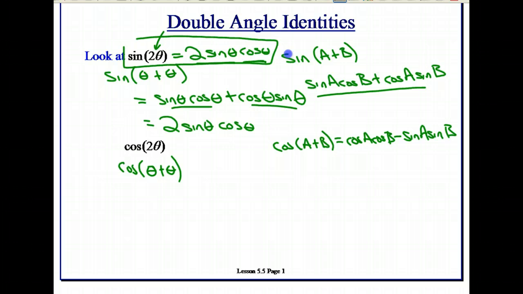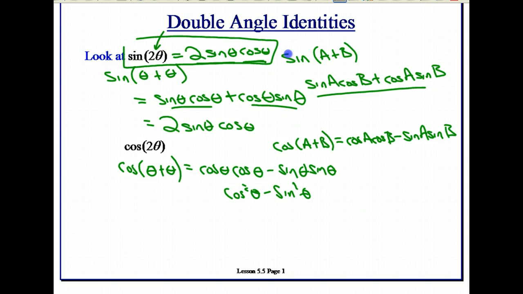So cosine of theta plus theta goes the cosine of A, the cosine of B, minus the sine of A, the sine of B, and then you realize you've just written cosine twice, so that's the cosine squared. You've written the sine twice, and that's the sine squared. So you get this other double angle identity for cosine, which goes cosine squared minus sine squared.